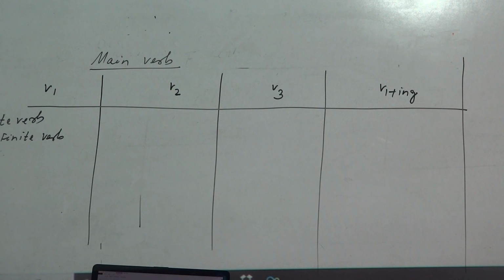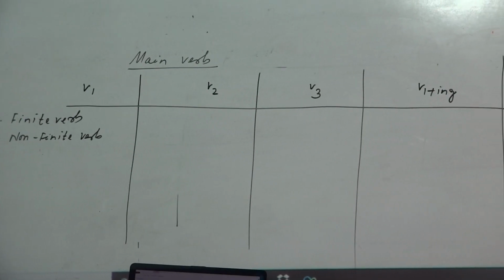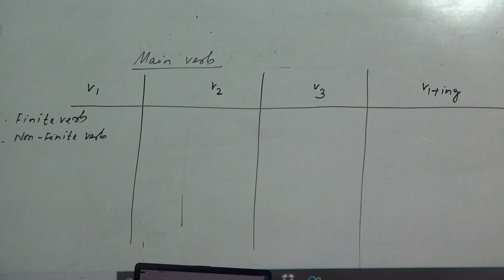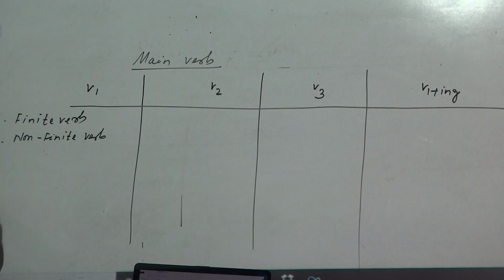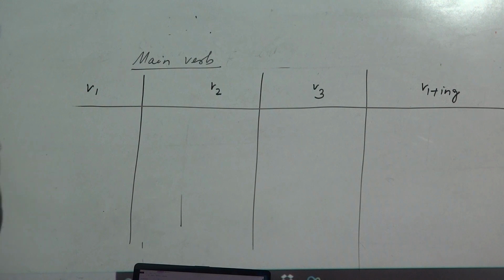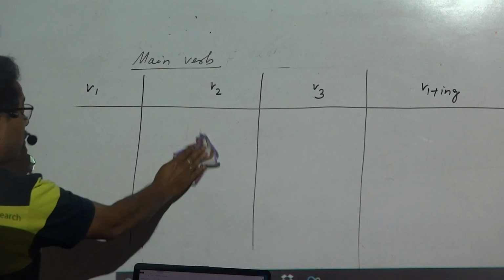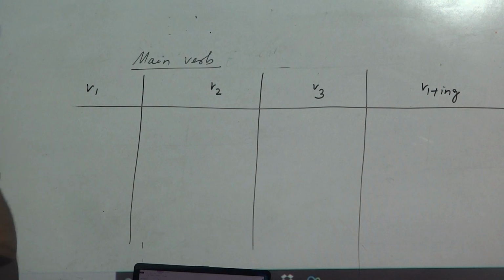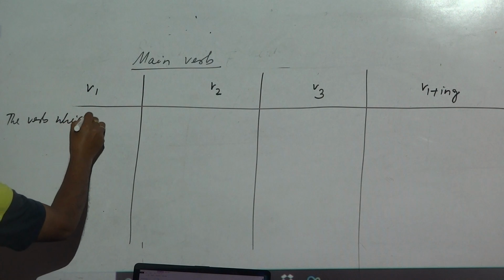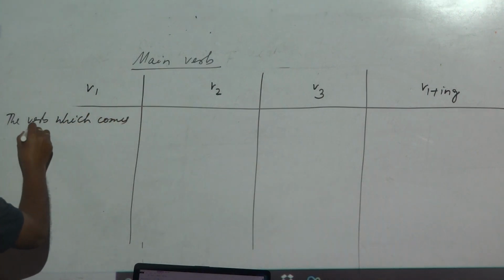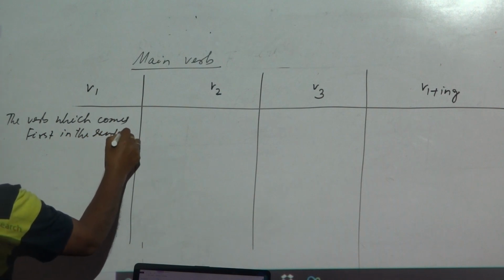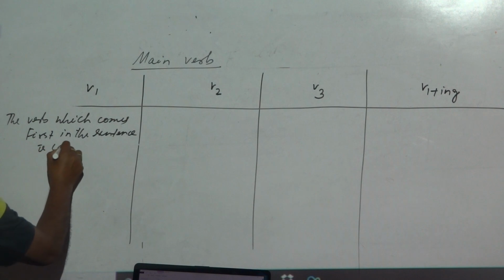But in a simple way, I can tell you what is a finite verb. In a simple way, we can say that the verb which comes first in the sentence is called finite verb.